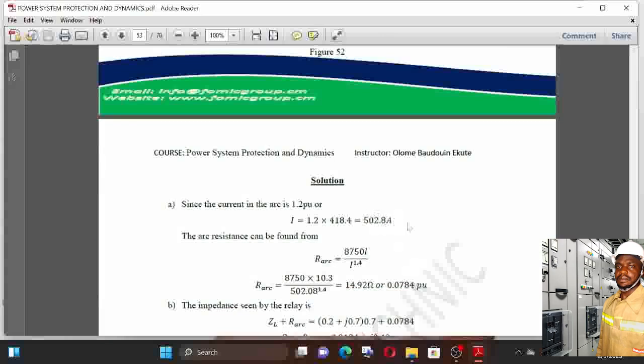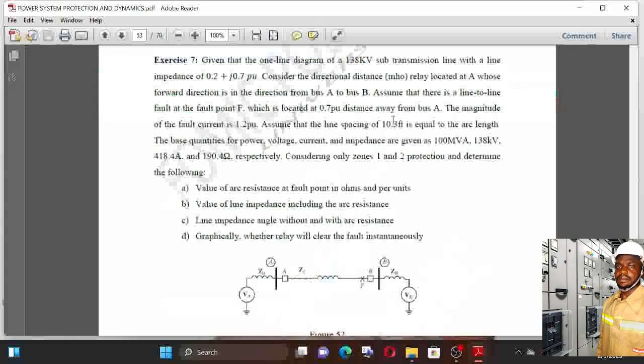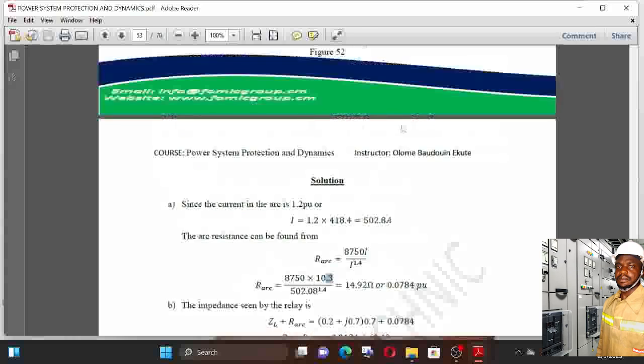The current is 502.8 amperes. So we can calculate the arc resistance from this formula, where the length is given in feet. The arc resistance is 8750 times the length in feet, divided by the current to the power 1.4. The length was specified as the line spacing, 10.3 feet, so you just input it in this equation.